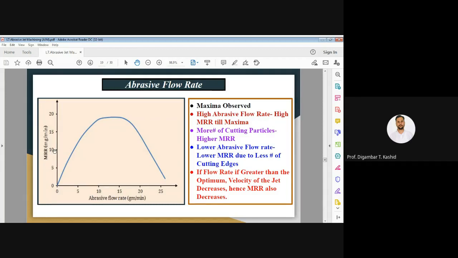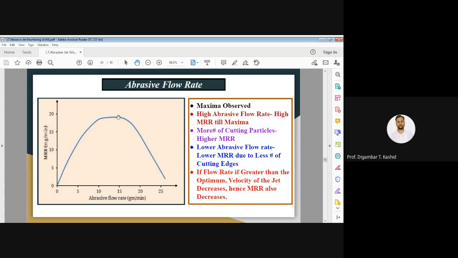So as abrasive flow rate is increasing, material removal rate is increasing up to a certain limit. Okay, and there is an optimum or maximum value of material removal rate we will get here, and after that it starts decreasing. The material removal rate will decrease as you increase the abrasive flow rate.